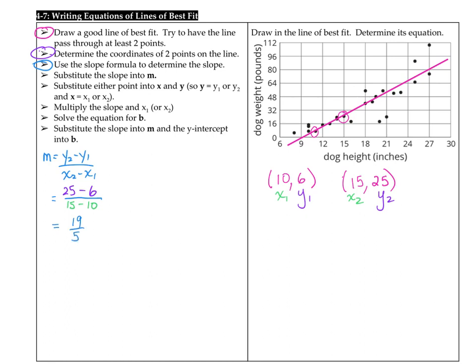You want to make sure that you're leaving your slope as a fraction in lowest terms, either proper or improper, or as a mixed number.